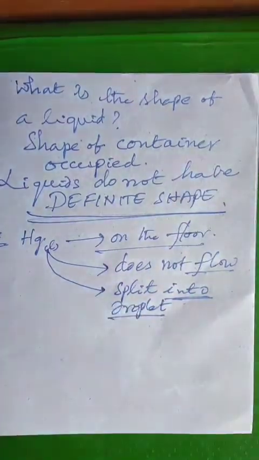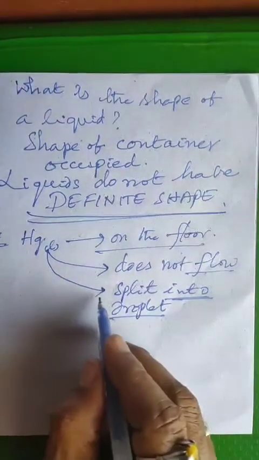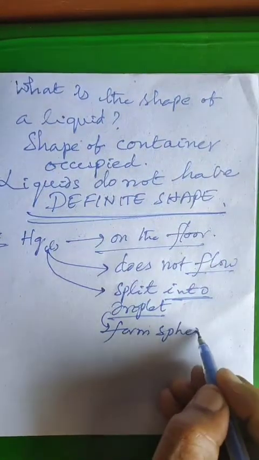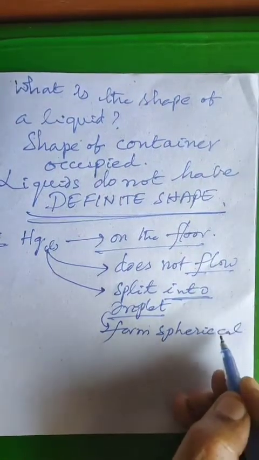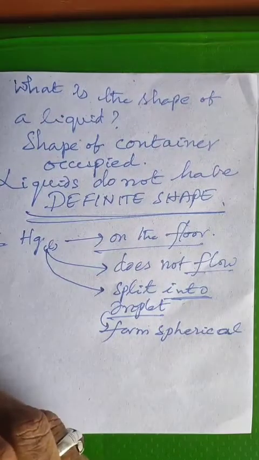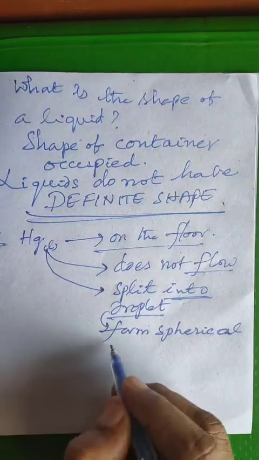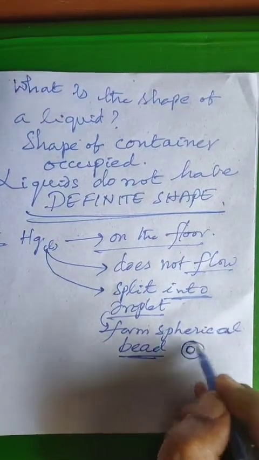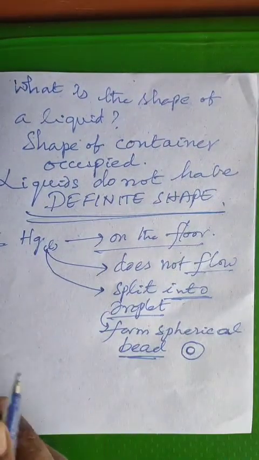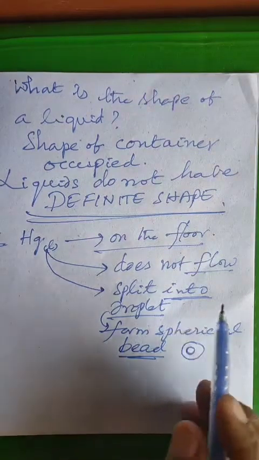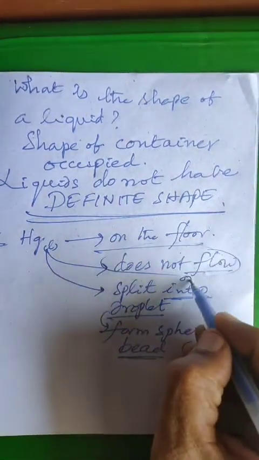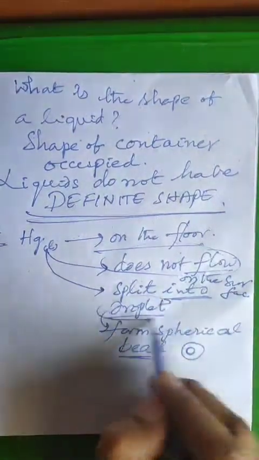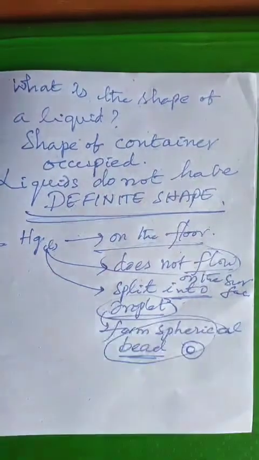How are droplets? Droplets as they form are spherical. They form a spherical bead shape. Instead of flowing on the surface, it splits into droplets. Droplets have a spherical bead shape.